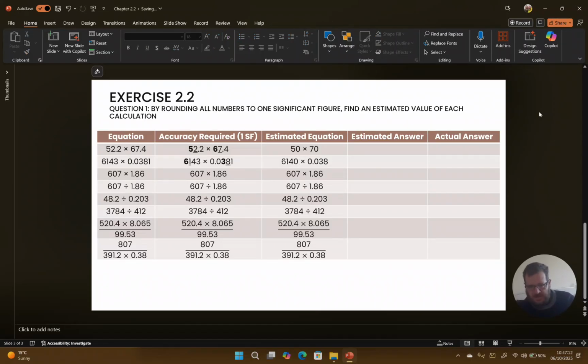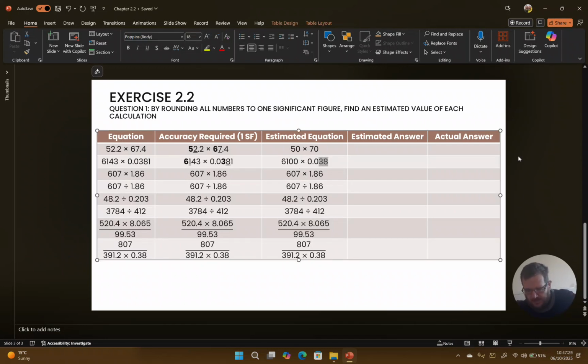I've given you the answer on this one because 4 is less than 5, so again that rounds down, and this one is greater than 5, so that rounds up.